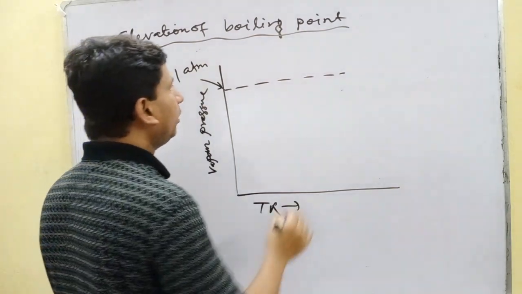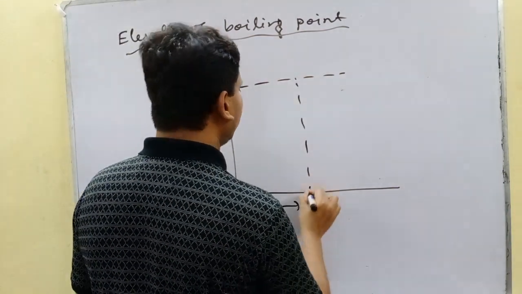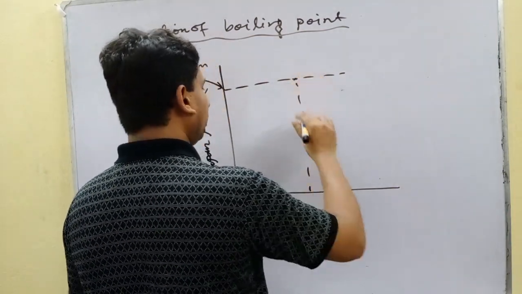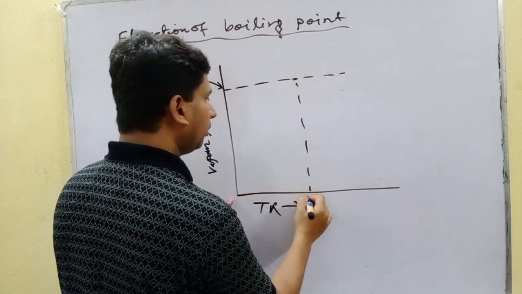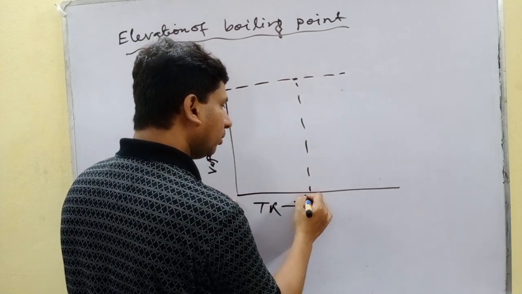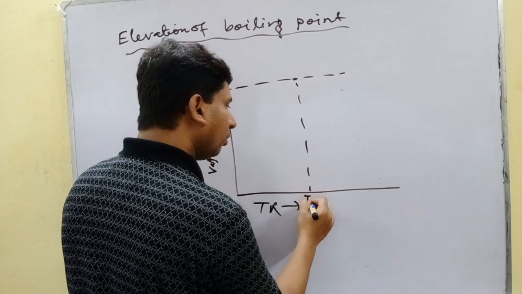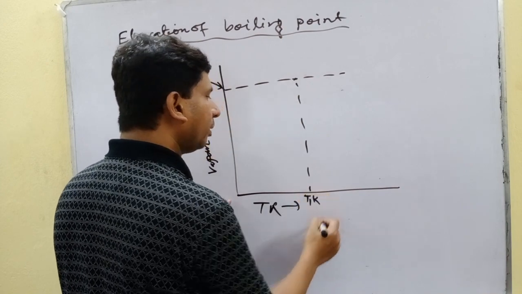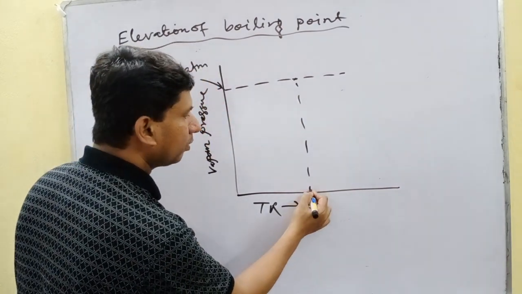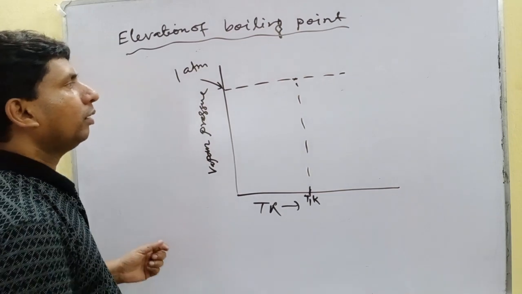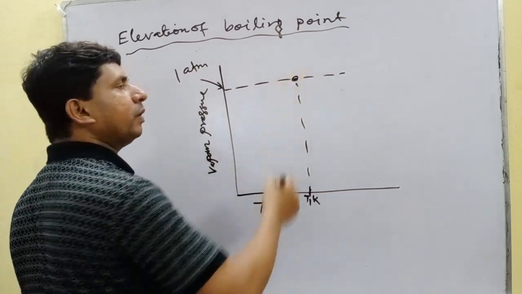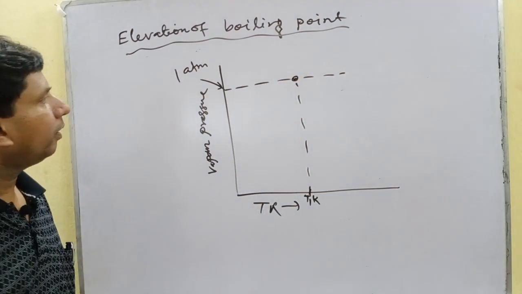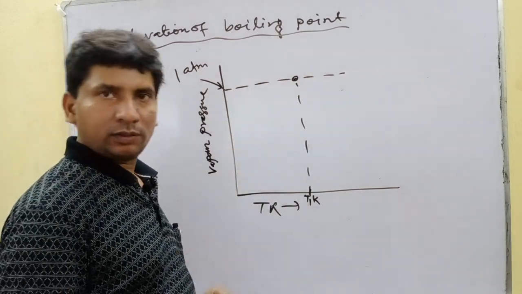Let us consider at 1 atm pressure, at T1 Kelvin temperature, the solvent will vaporize.